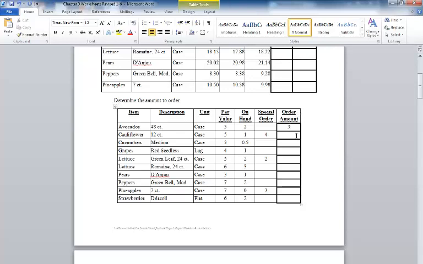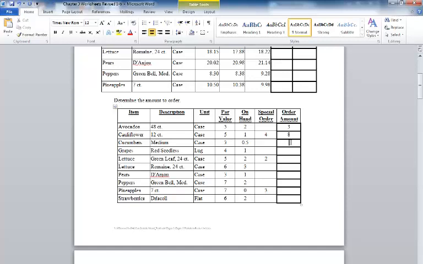For cauliflower, I have a par value of 5. I'm trying to build to that 5. I subtract the 1 I had on hand when I took the inventory, and I add in the special order. Therefore, I need to order 8. Cucumbers, I have a par value of 3.